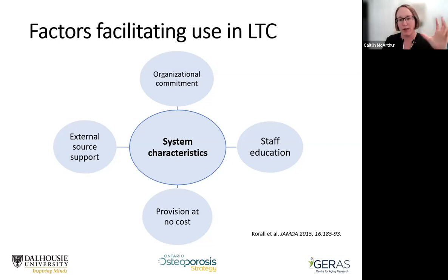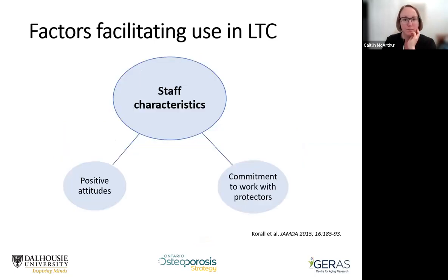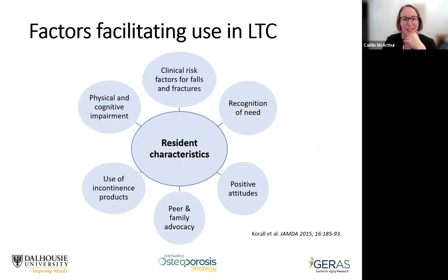So if other external sources supported their use, then people were more likely to use them. From a staff standpoint, if staff had positive attitudes regarding the effectiveness of hip protectors and they were committed to working with them, then they were more likely to be used, which makes sense.